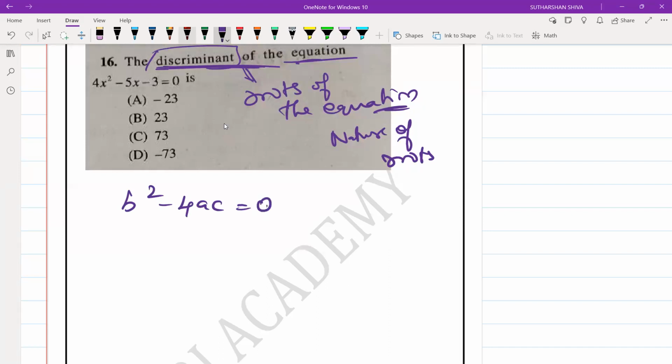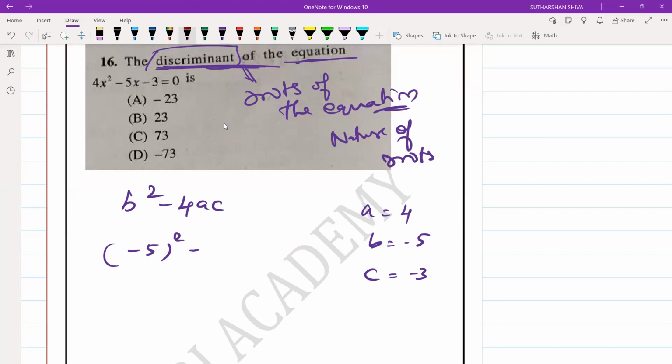A is equal to 4, B is equal to minus 5, C is equal to minus 3. B square is minus 5 the whole square. That is b square minus 4ac you need to find out, which gives the nature of roots.